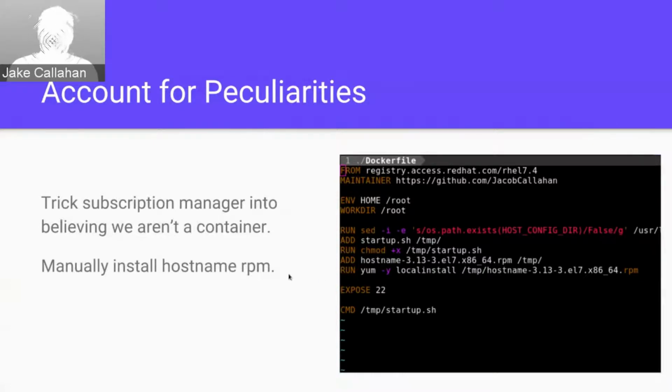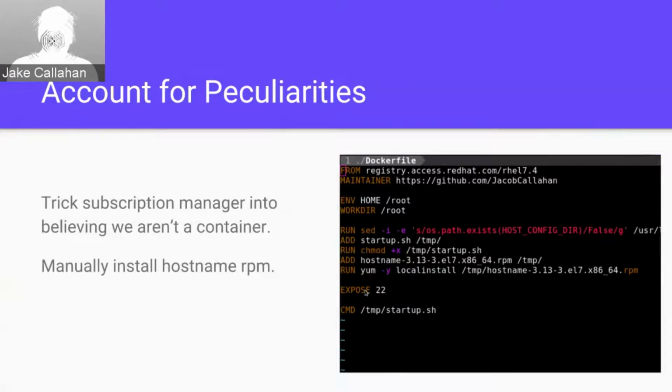Additionally, the hostname RPM, or the hostname package, was not included with this version of RHEL 7.4. I think it was actually removed sometime around RHEL 7.2 or so. So I just included that in the repository, which was included here when I used the ADD command in the Dockerfile to add the hostname RPM to the temporary directory, and I did a yum local install of that.